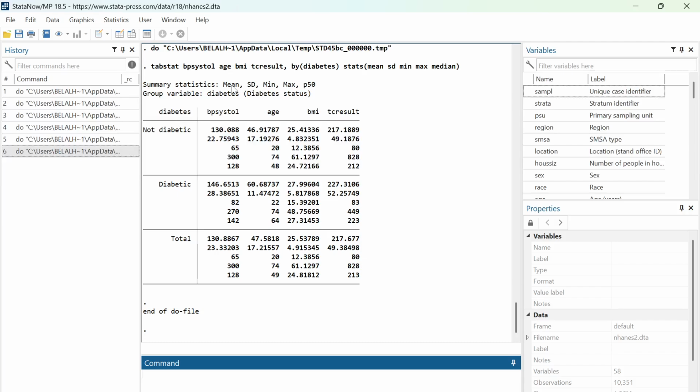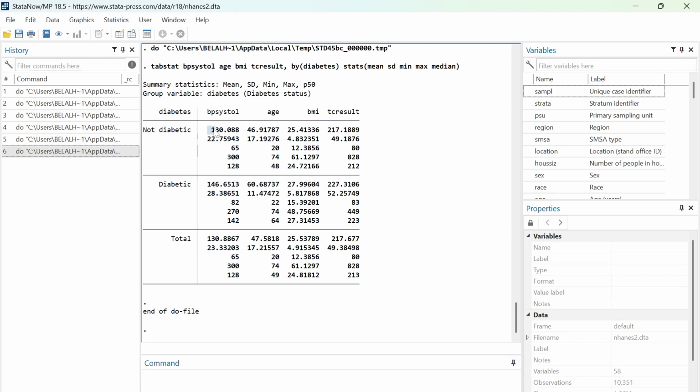Now you see it's in order. For non-diabetic, the mean systolic blood pressure is 130, and then the number below is the standard deviation, then minimum, then maximum, and then P50, which is the 50th percentile, the median. And then diabetic.